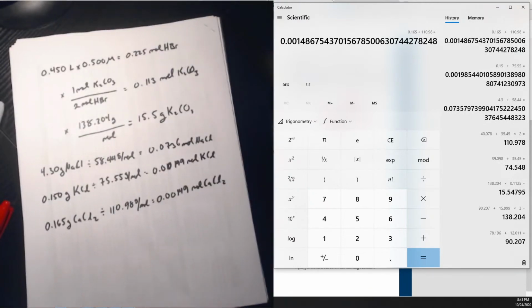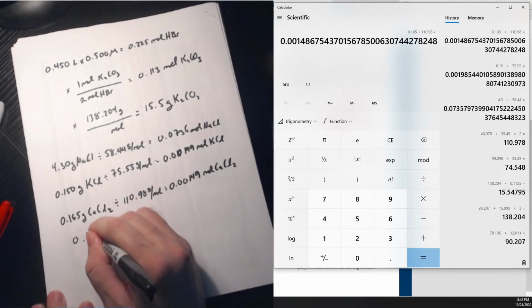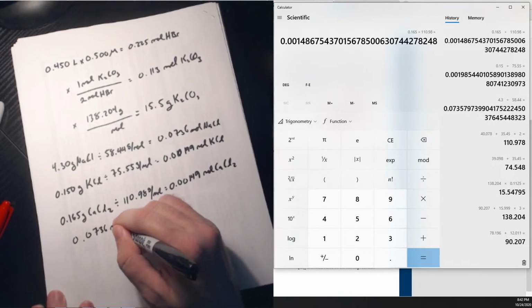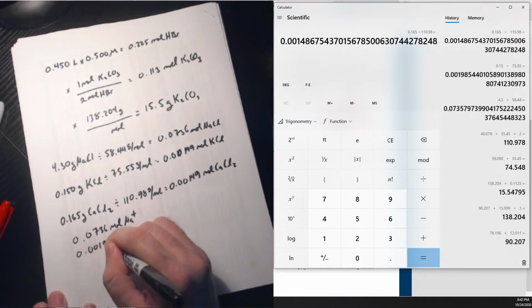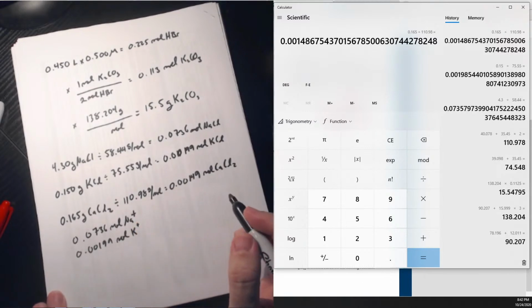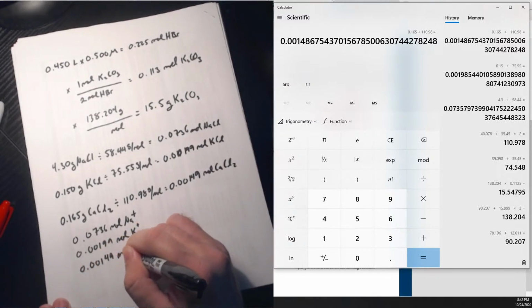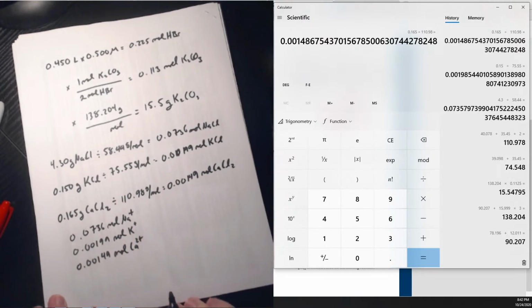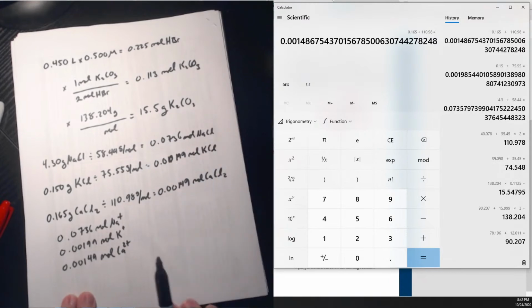Now, that means that there are 0.0736 moles of sodium, 0.00199 moles of potassium, and 0.00149 moles of calcium. But for the chloride, we need to add this and 2 times that.